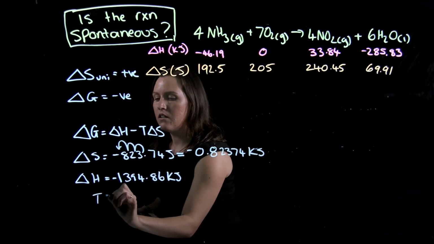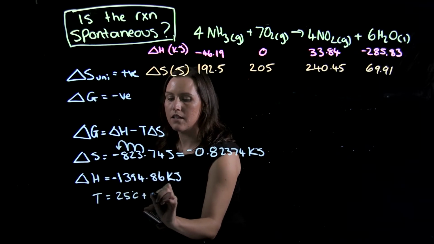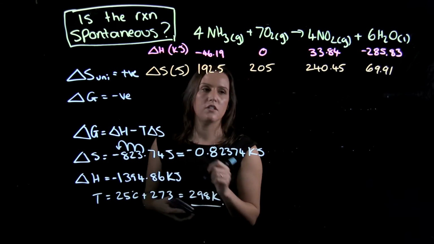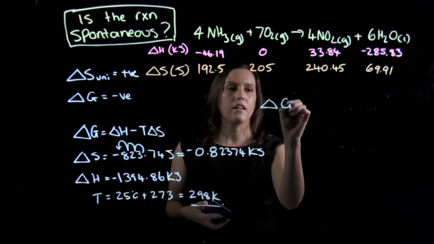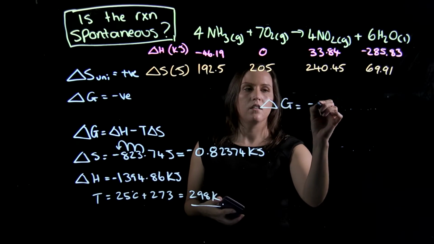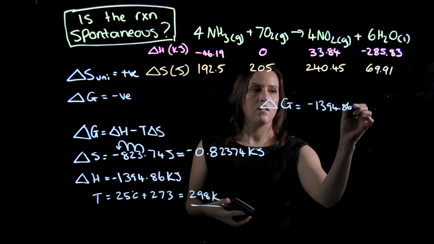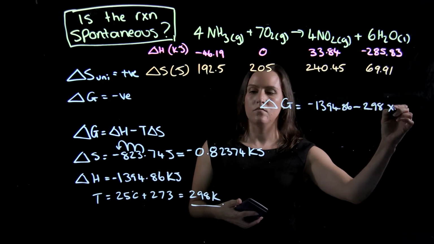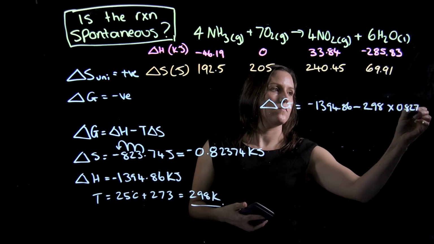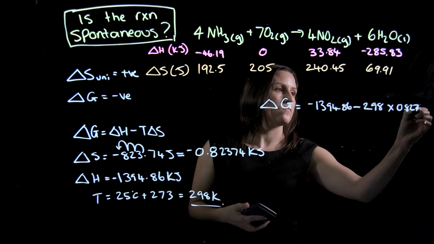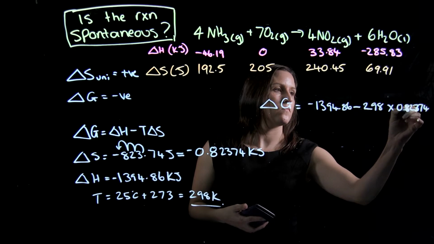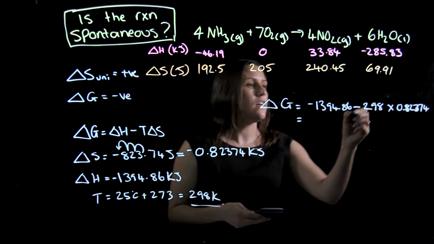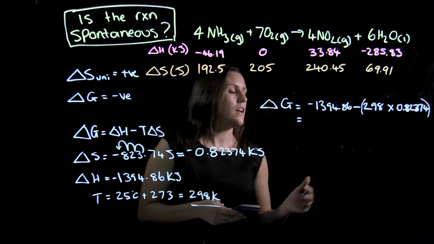Now I've got my values. My temperature is 25 degrees Celsius plus 273 to get me into 298 Kelvin. The temperature is always in Kelvin. If I write that out again with the values in there, then it's just a matter of putting it in your calculator. When you're working it out, work out this section as a whole.